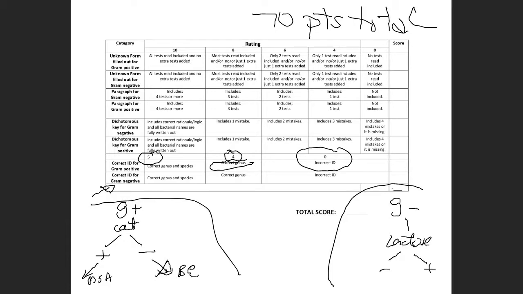Now, depending on the software that you have at home, you may be able to attach your dichotomous key to the virtual mix unknown form at the end as an extra page. The same thing for the paragraphs. Not everyone has the same type of setup at home. So it may be that some of you fill out the form, and you create different documents for your dichotomous key and for your paragraphs.